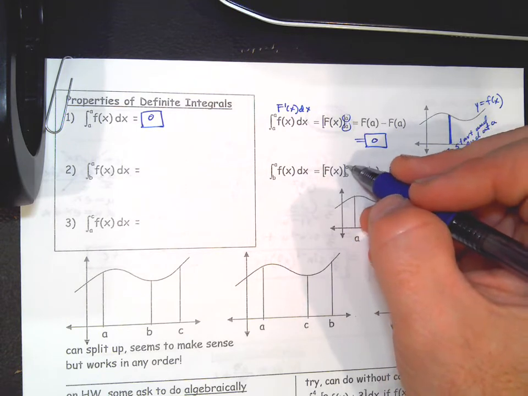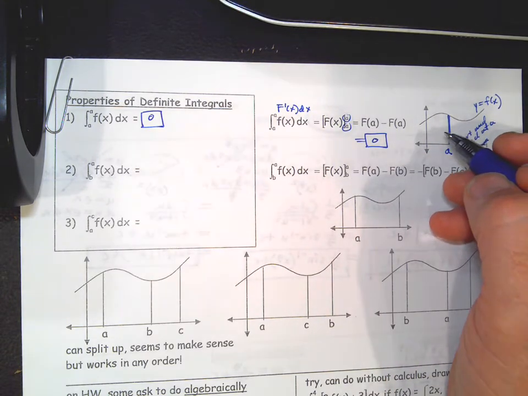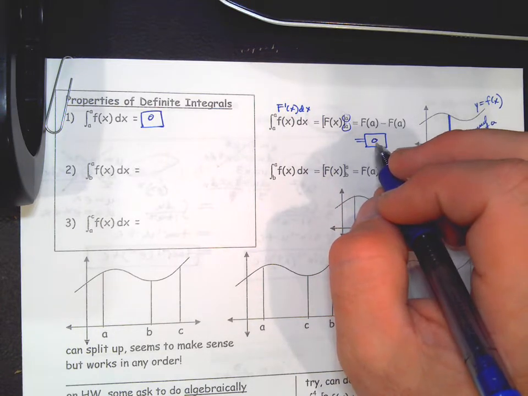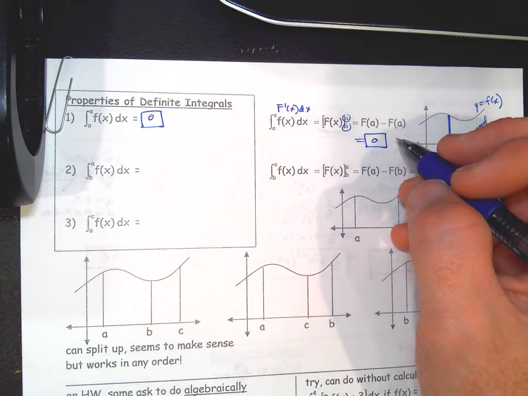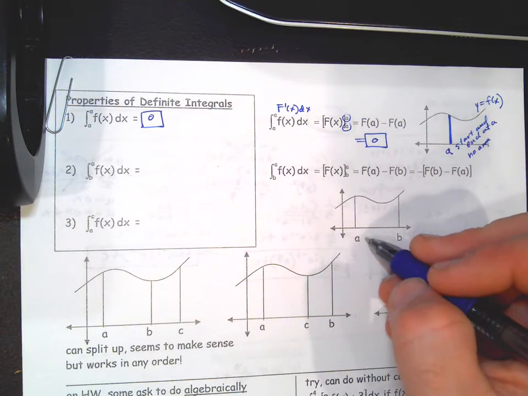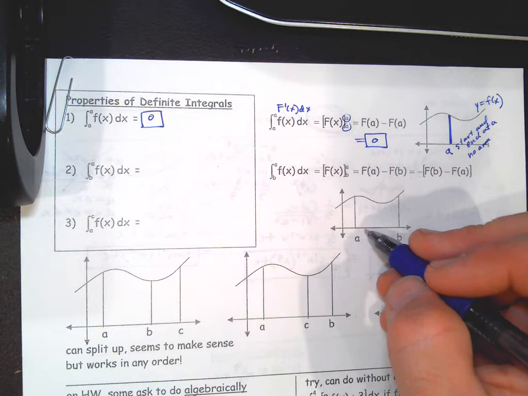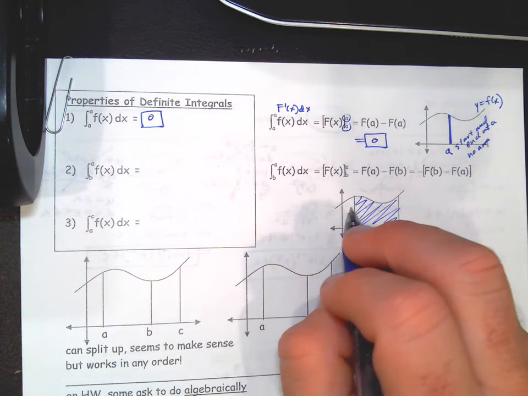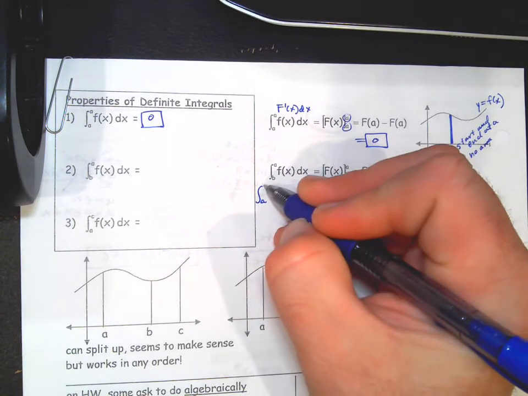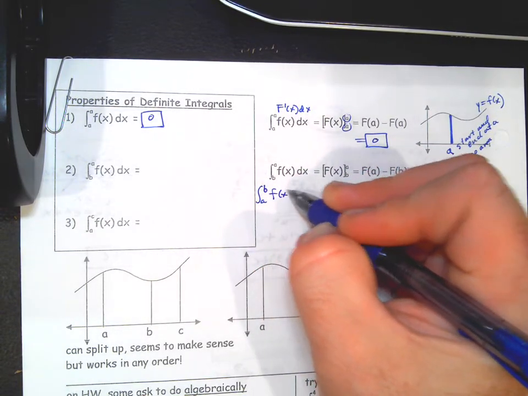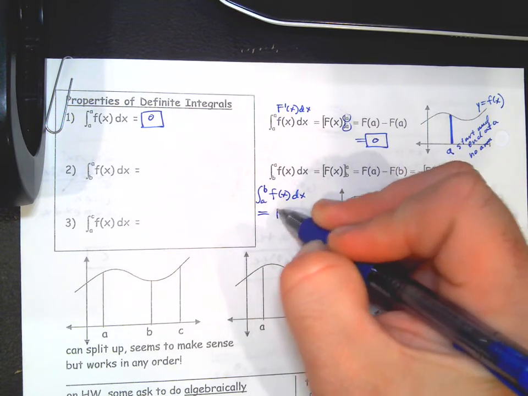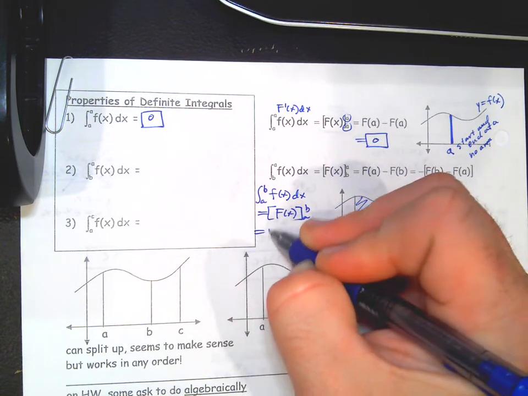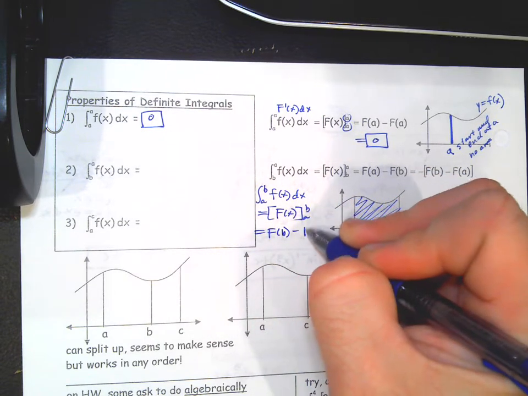Okay, now this other one. If we integrate from b to a, then the antiderivative of little f is big F, and you plug in F of a first and then F of b. Here's the deal. Usually, just alphabetically, little a is to the left, b is to the right, and we're finding the area underneath. If we do a to b, left to right, which is what we usually do, we get big F of x from a to b, so F of b minus F of a.